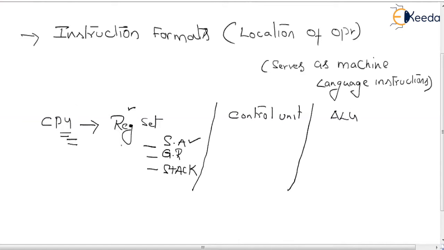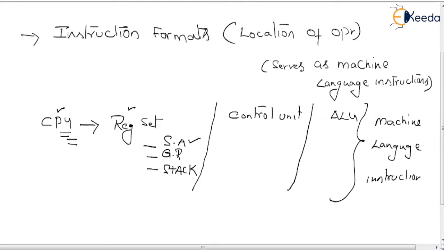But these entities cannot make the complete CPU. How can a complete CPU be made? In addition to these components, we should also design the machine language instructions that are supported by the CPU.